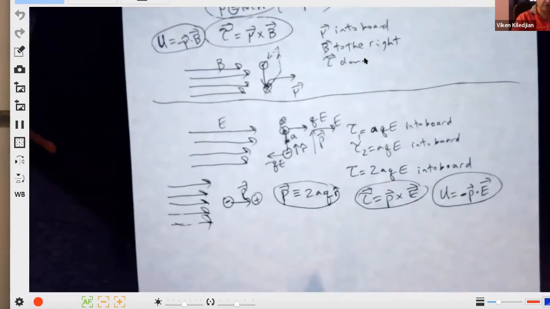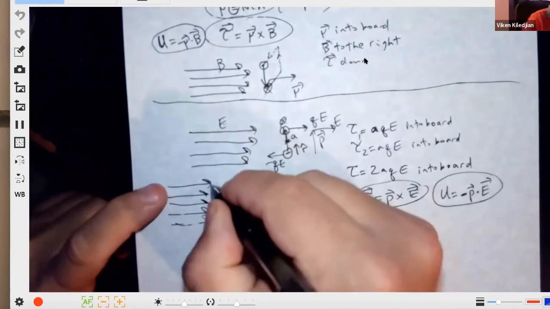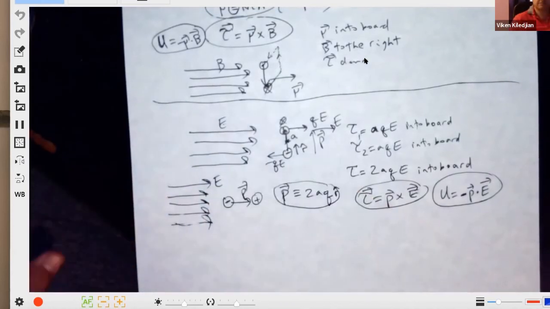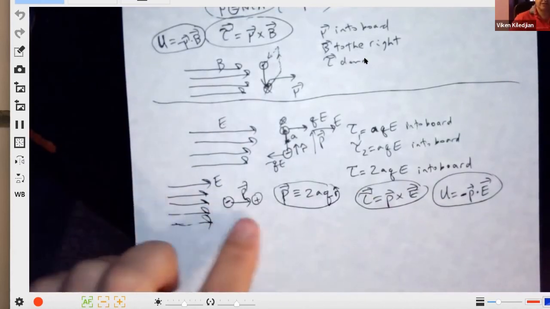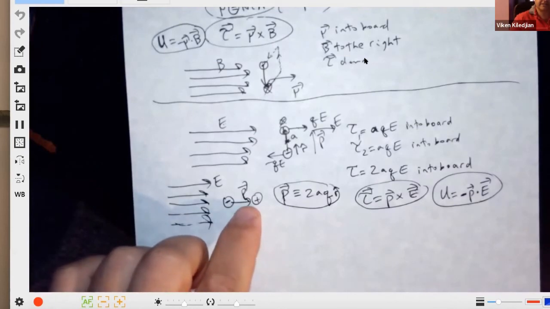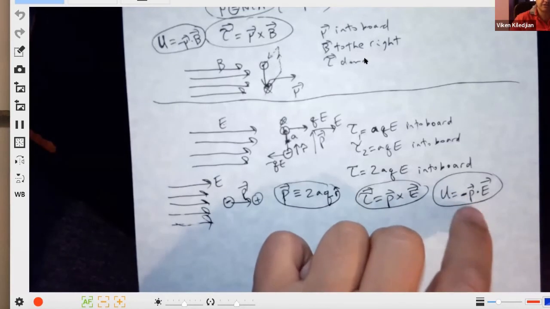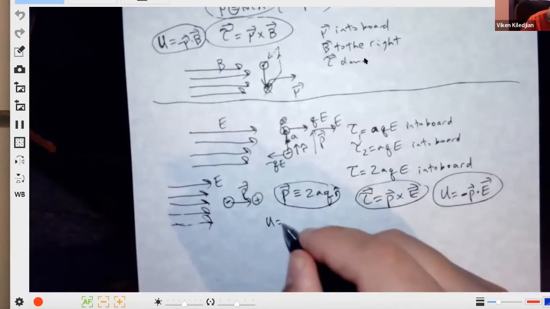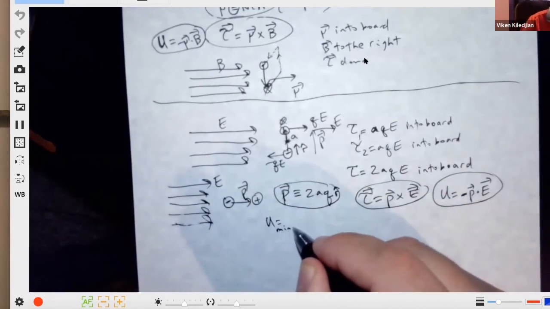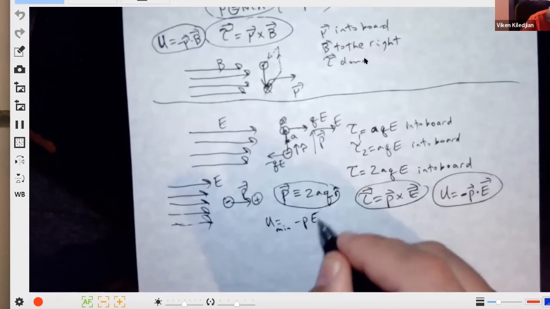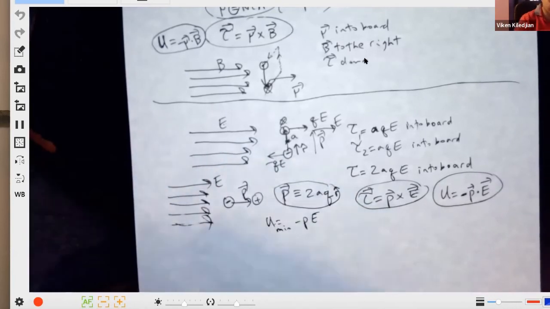And when it's lined up like that, with the E, that's when it's got the least potential energy. So the minimum potential energy is negative PE when the dipole is lined up.